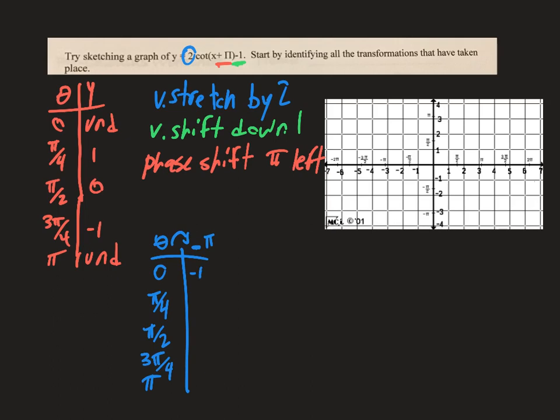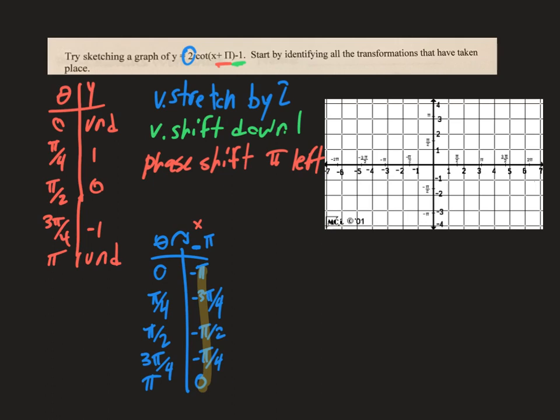So we get negative pi, negative 3 pi over 4, negative pi over 2, negative pi over 4, and 0. Okay, and I'm going to go ahead and highlight these since we have kind of locked in these as my x values. All right, so on my graph, that's my x coordinates.